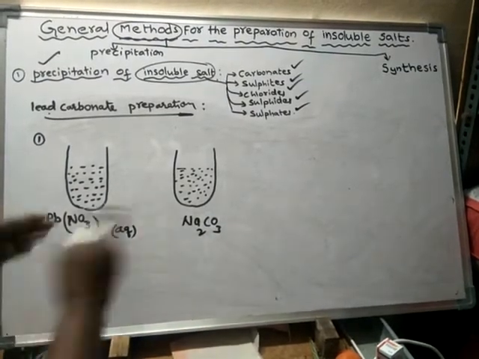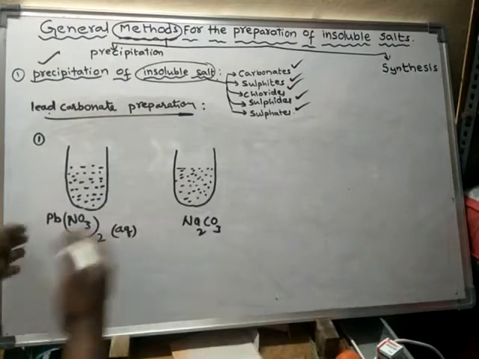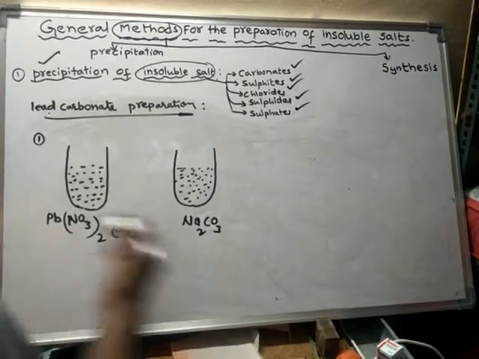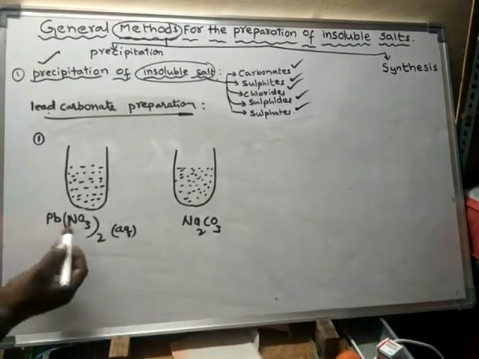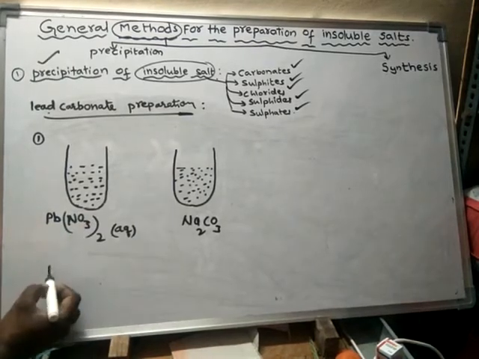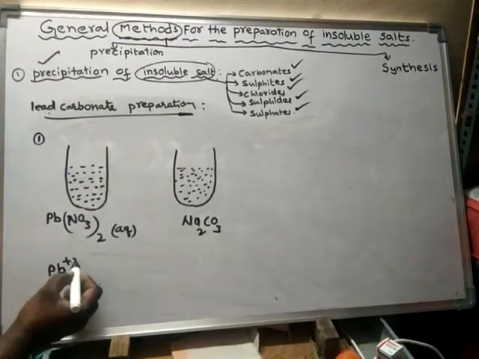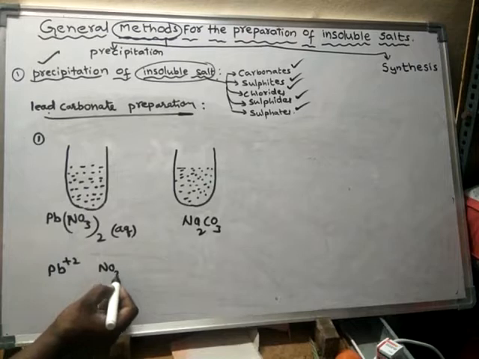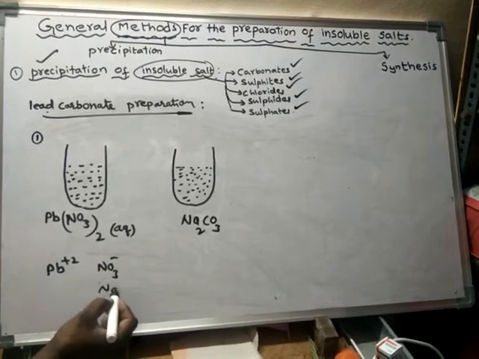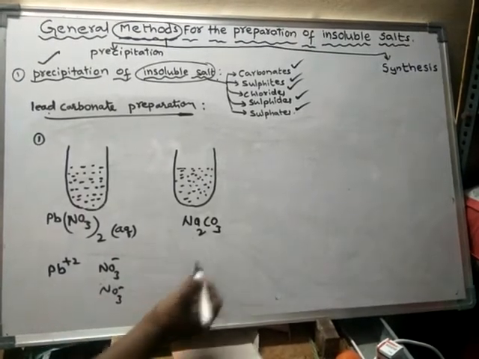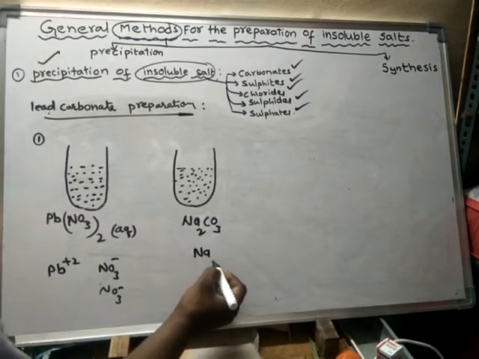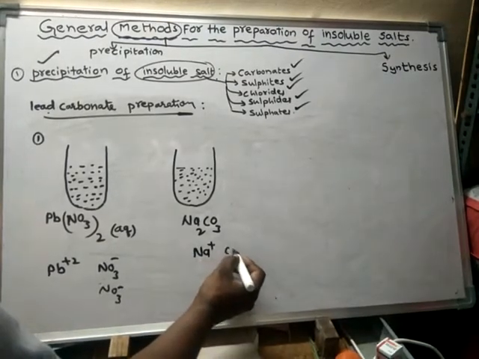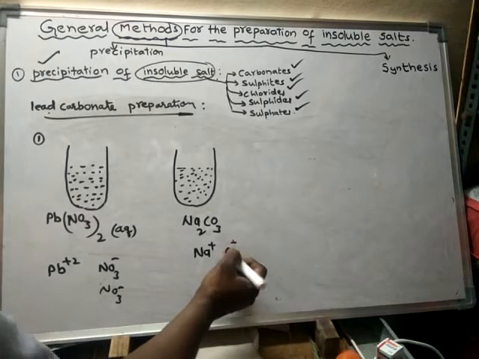See what happens if you mix these two: both of them will exchange their radicals, or else exchange their ions. What does this solution contain? This solution contains lead ions and nitrate ions. What does this solution contain? This solution contains sodium ions and carbonate ions.